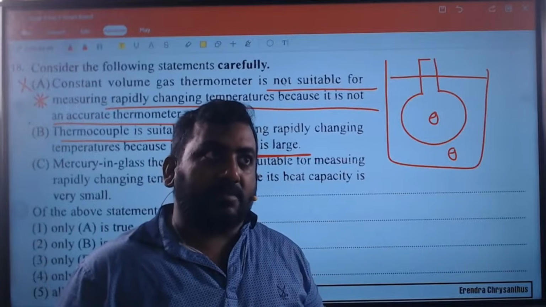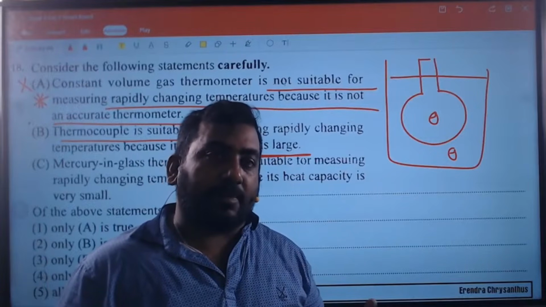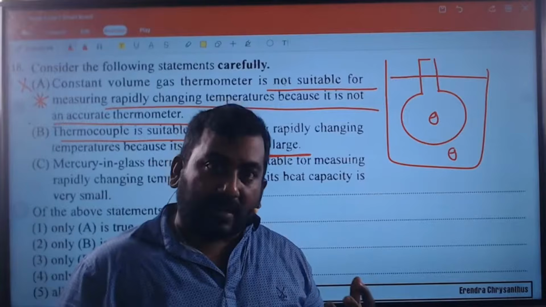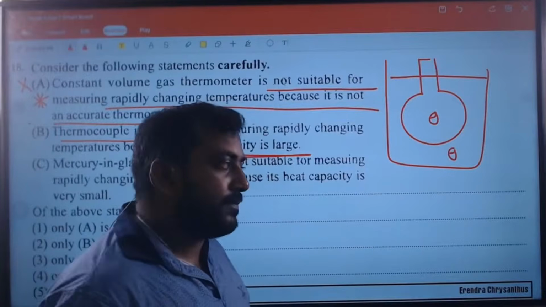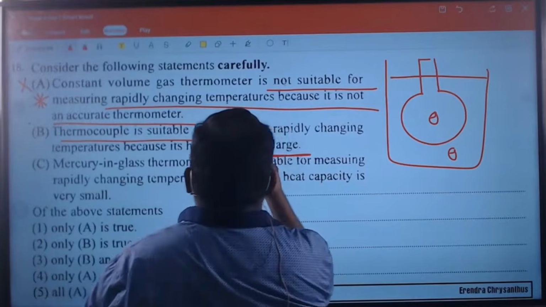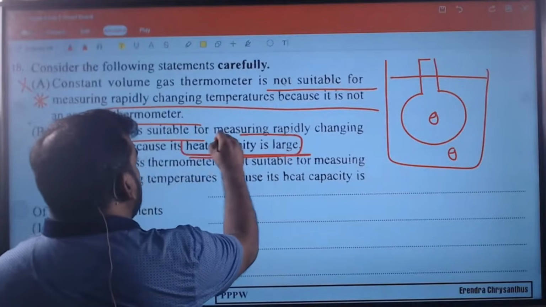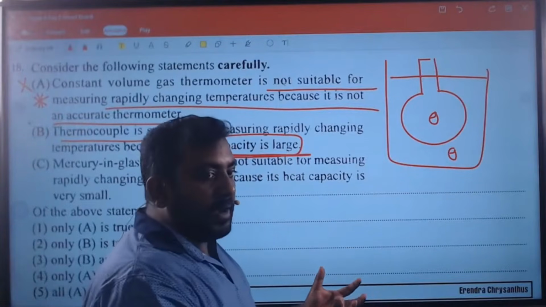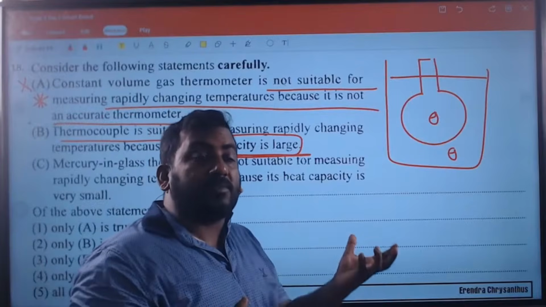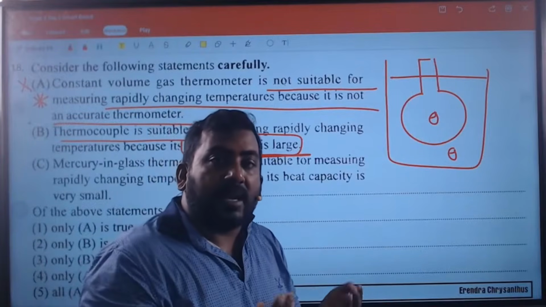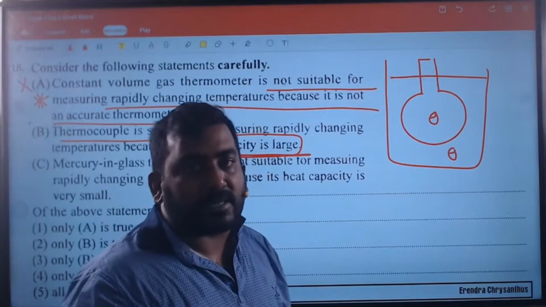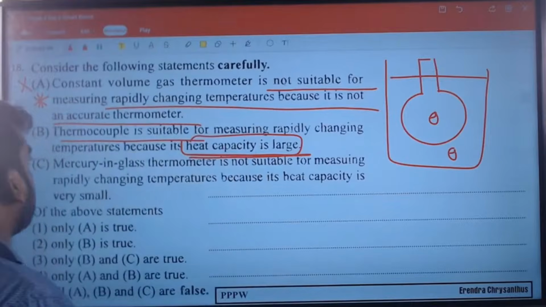If metal is absorbing a lot of heat from the object, the object temperature will reduce. Can you measure it accurately? No, you can't measure. Is it clear?